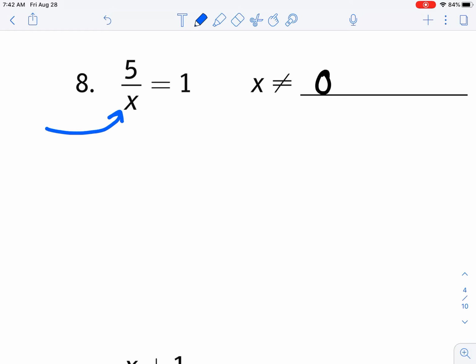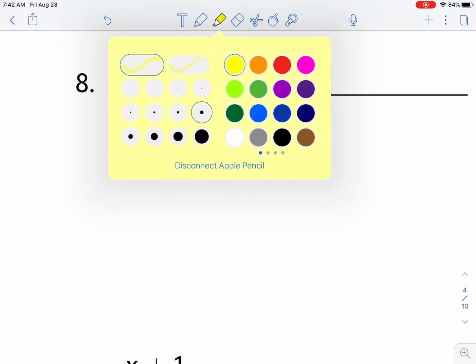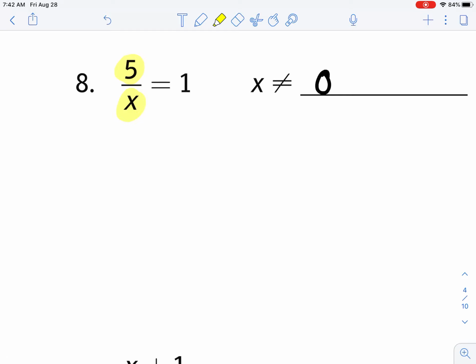All right, so obviously x cannot equal 0, because if it is, then you'd get 5 over 0, which is undefined. Now, the other thing is that I know right away that anything divided by itself is 1, okay? So I know x has to be 5. However, let's go ahead and solve.